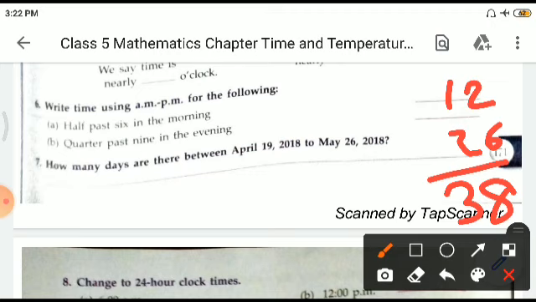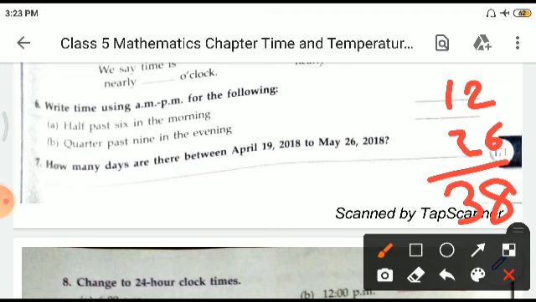But this 38 days includes 19 and 26. So we exclude the 2 and it will become 36 days, right? We exclude the 2 because how many days are in between, it is asked, from 19 to 26. In between there will be 36 days, right?